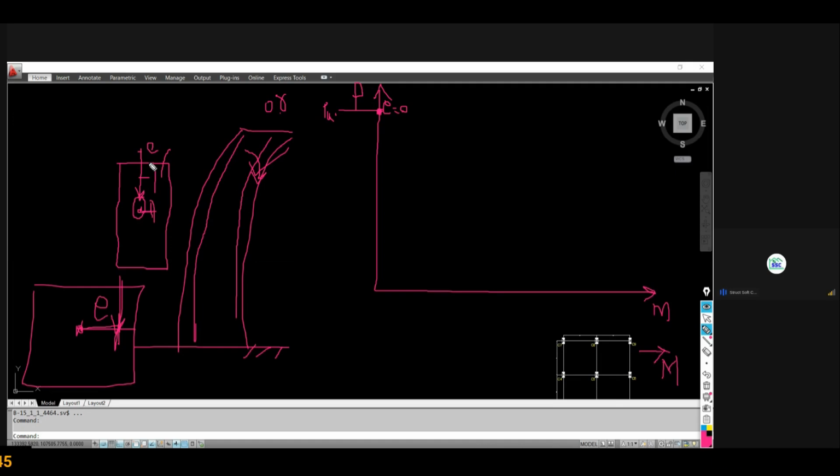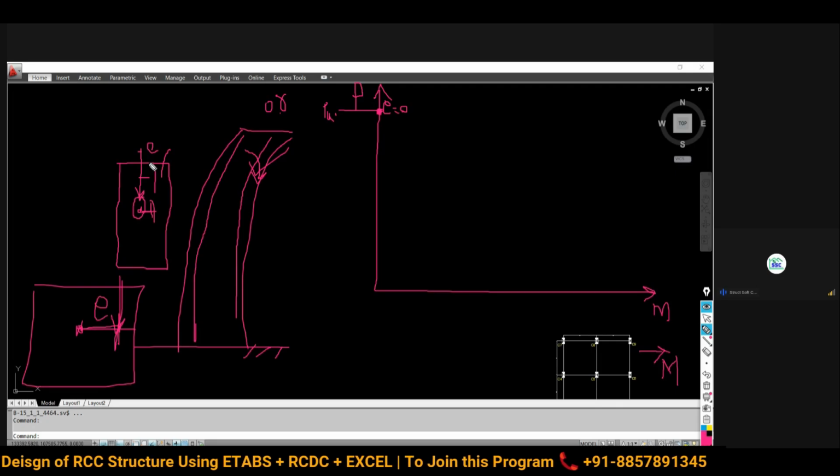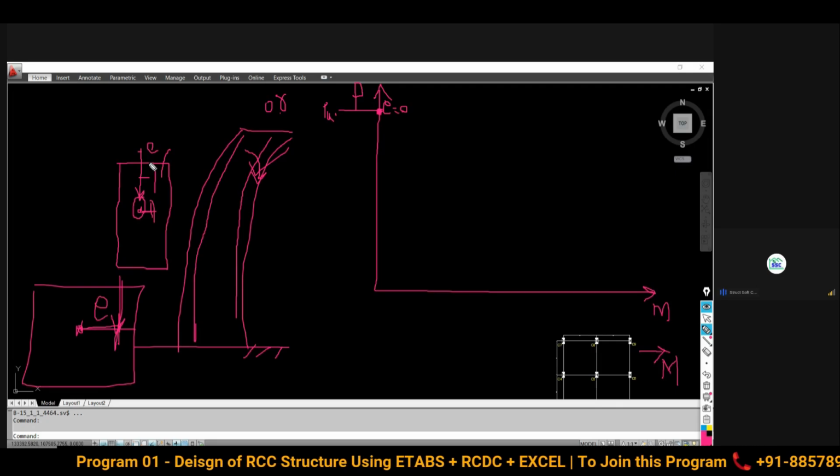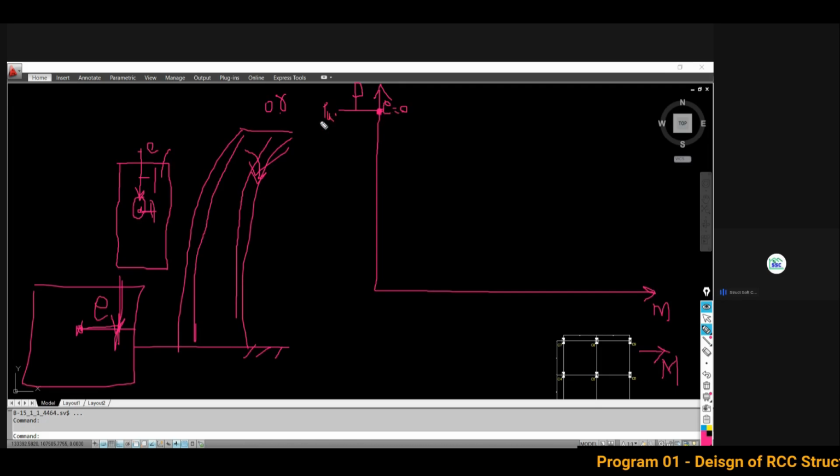So at the first point, where eccentricity was zero, the load carried by your column is maximum.